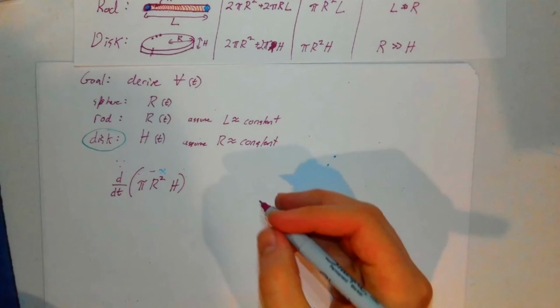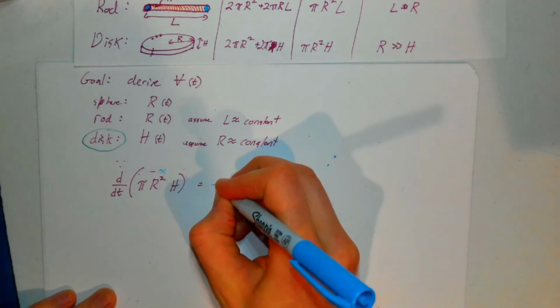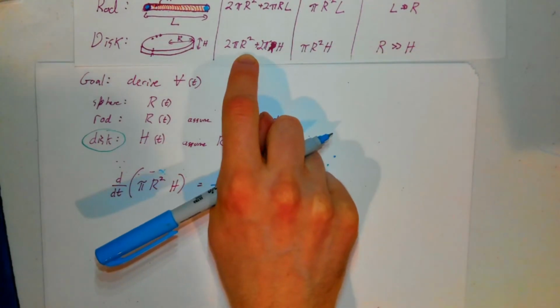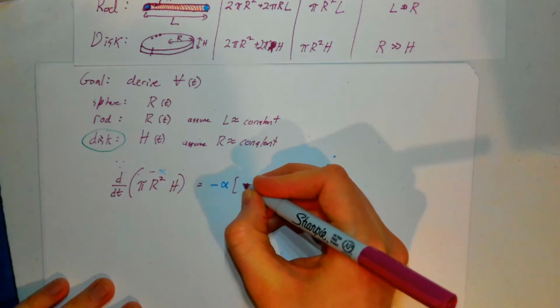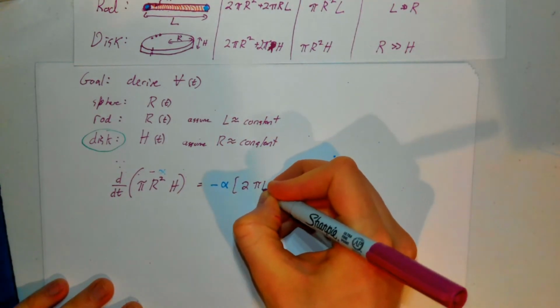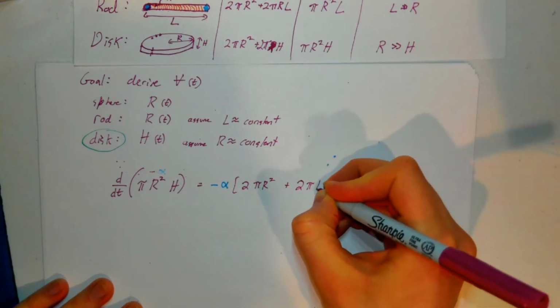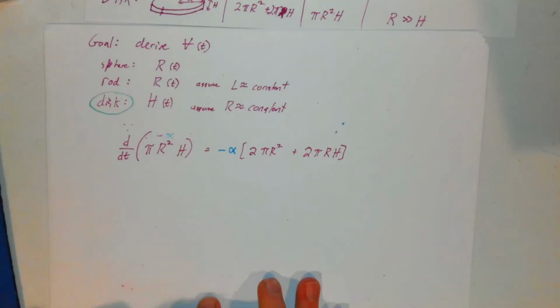And this is going to be equal to minus alpha times the surface area, which I have right here, which is just, for the disk, 2 pi r squared plus 2 pi r h. So there we have it.